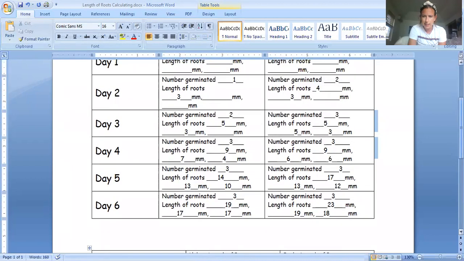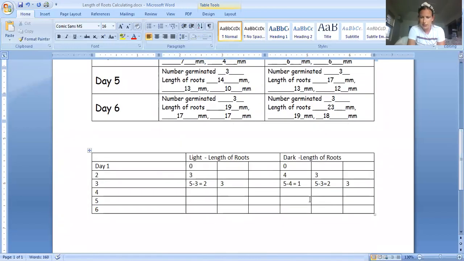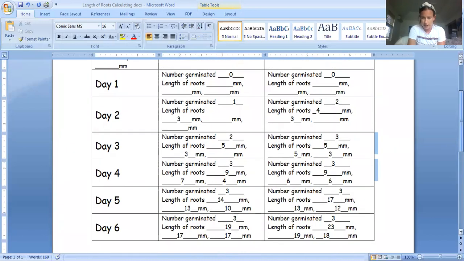And then the second seed, I look at day 2, and I'm looking at that second seed in that box, and it was 3 on day 2, and it had grown to 5 on day 3. So 5 minus 3 equals 2. And then my third seed had started that day, and it had grown 3.